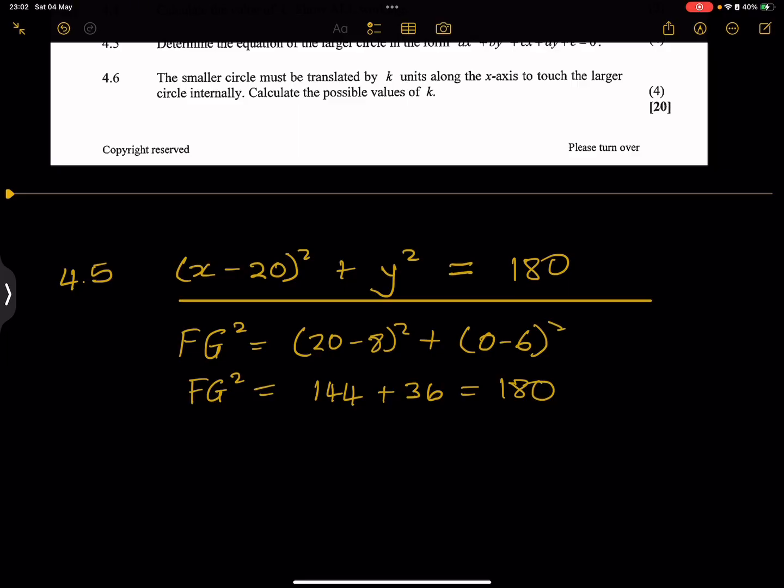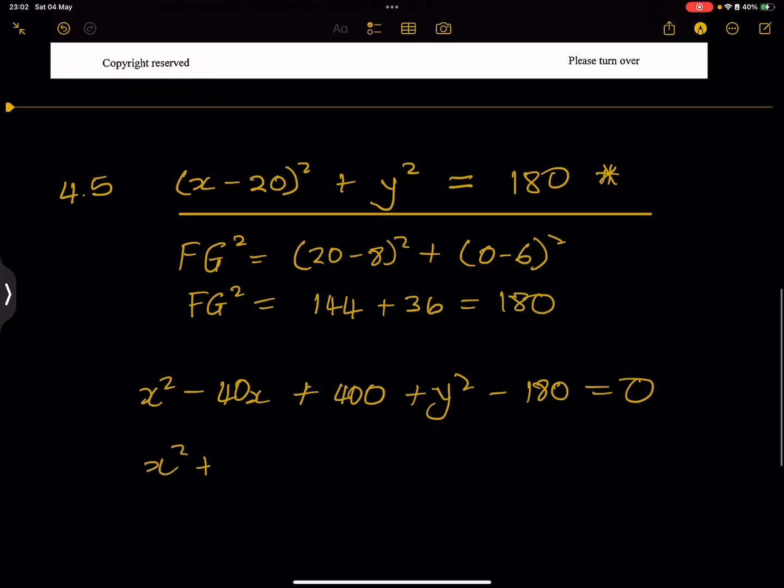Now we need to simplify this equation: x squared minus 40x plus 400 plus y squared minus 180 is equal to 0. So x squared plus y squared minus 40x, and 400 minus 180 would give us plus 220, which is equal to 0. So that is the equation of the big circle.